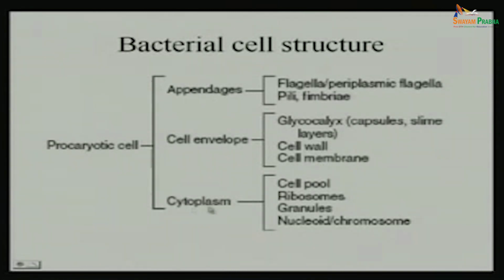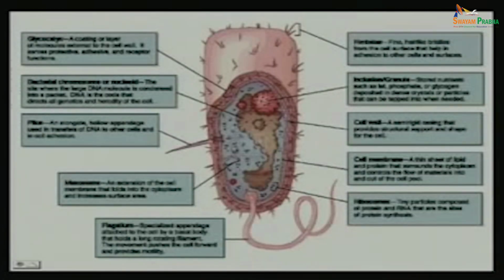When we are considering the cytoplasm, it is the cell pool, the internal liquid or internal material which is protected by the cell membrane and the cell wall of this bacteria, followed by the appendages.